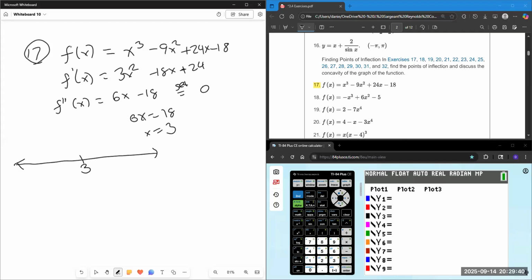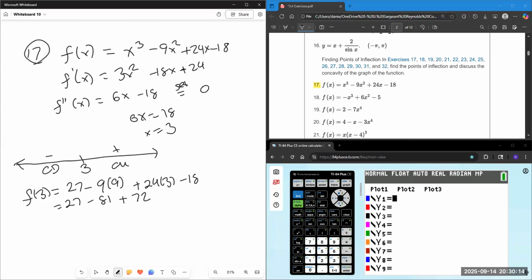When I put a number less than 3, like 0, into my formula for my second derivative here, I get a negative value, making this concave down, and bigger than 3, I get a positive value, making this concave up. I also want to find f of 3, which is 27 minus 9 times 9 plus 24 times 3 minus 18. That's 27 minus 81 plus 72 minus 18.